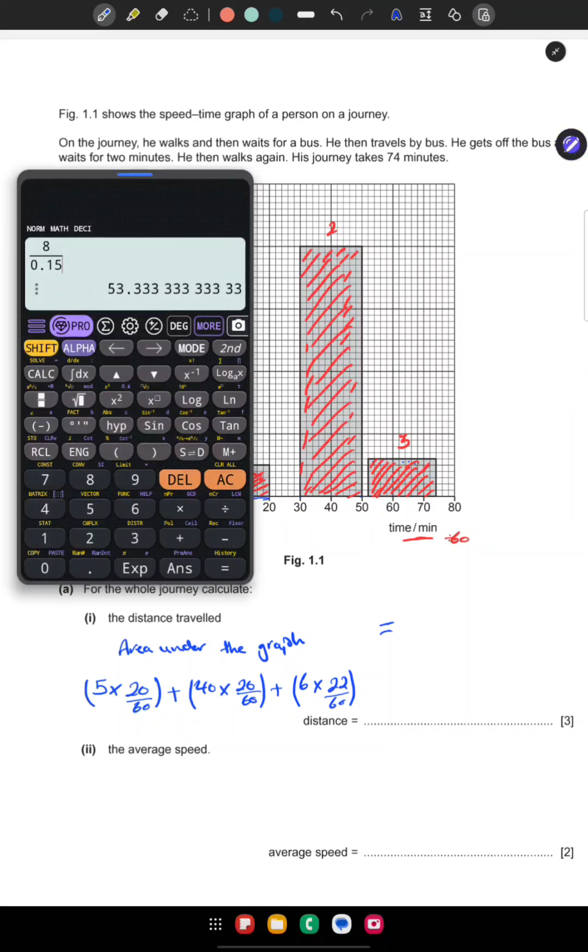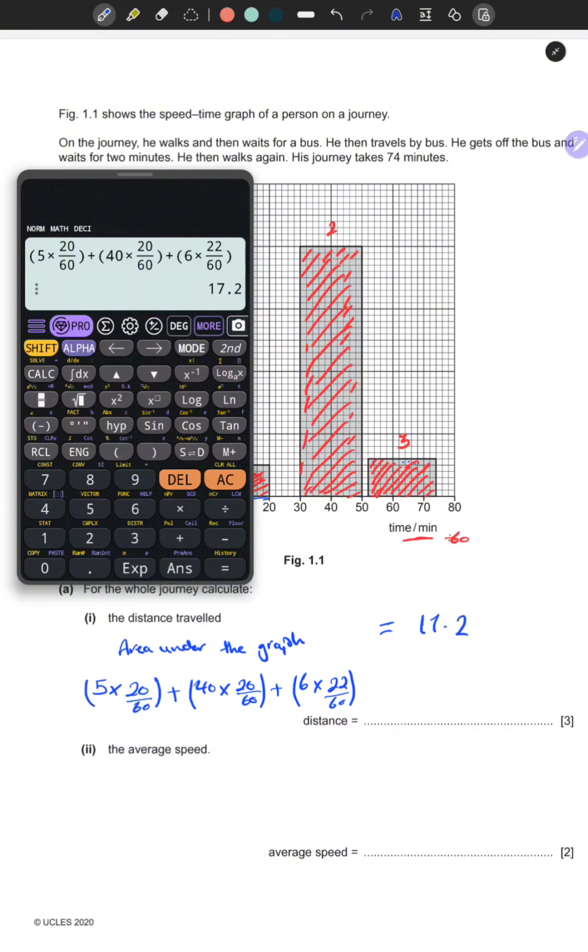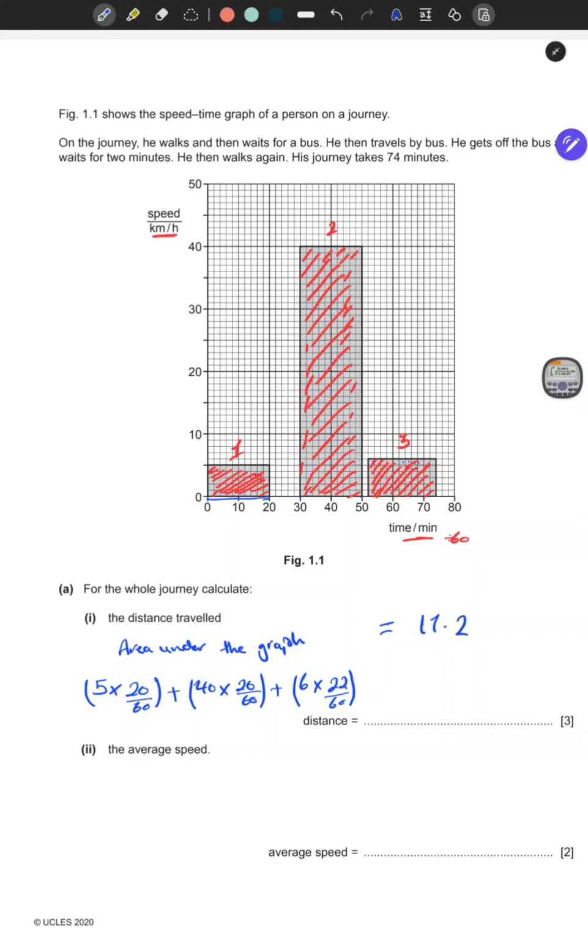Let's see the calculator. So it's 5 times 20 over 60 plus 40 times 20 over 60 plus 6 times 22 over 60, and that equals 17.2.